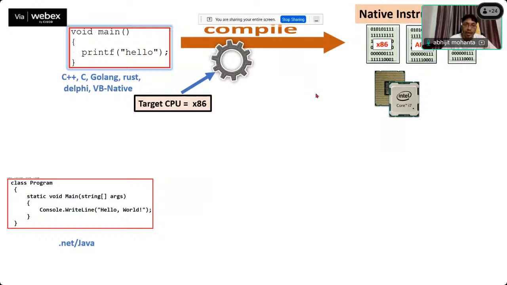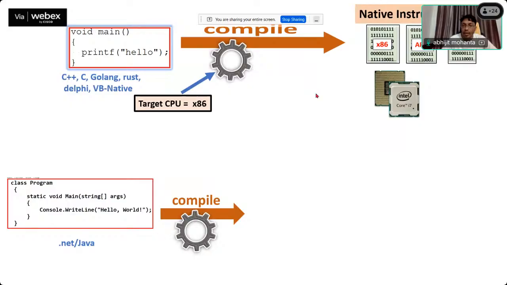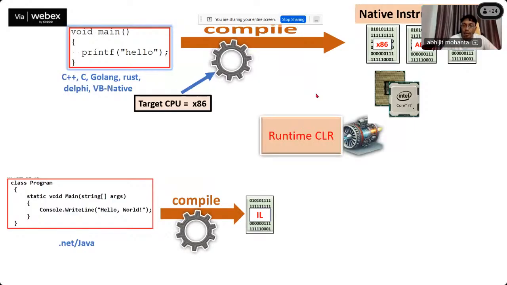The other kind of programming language we have is .NET or Java. What happens when you compile a .NET binary or a Java binary? They do not generate native instructions. Instead, they generate instructions known as intermediate language code. They are executed with the help of a common language runtime, so these are passed to another engine known as the common language runtime.